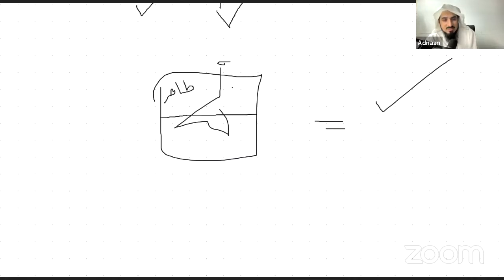Let's make it easier for you guys. The water went to 60%, okay? So when the second guy comes, he fills it again with water which is tahur. He fills it up another 40%. Here, if he intended to make wudu, is his wudu counted or not?